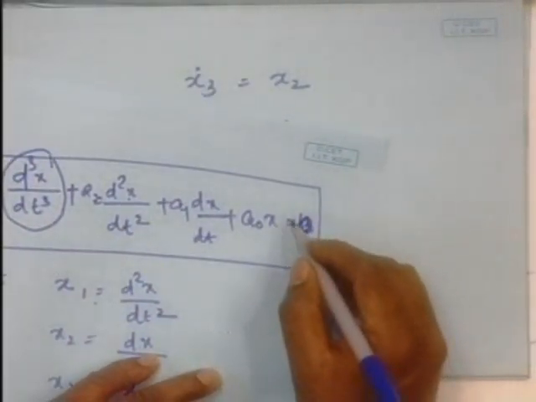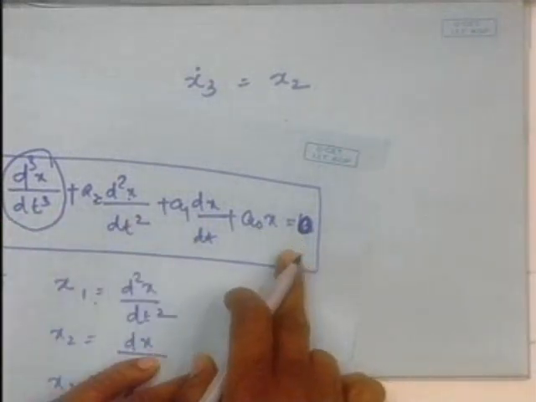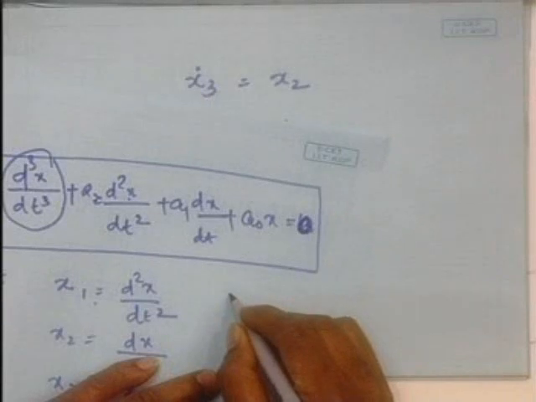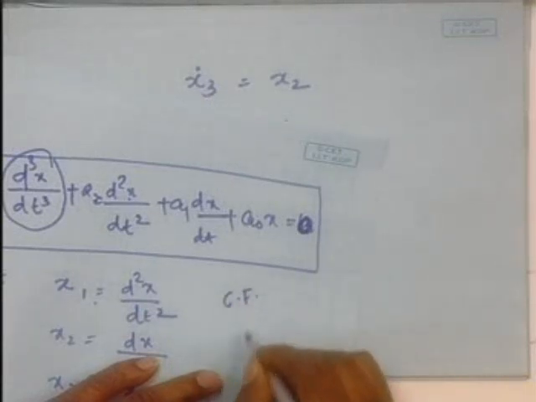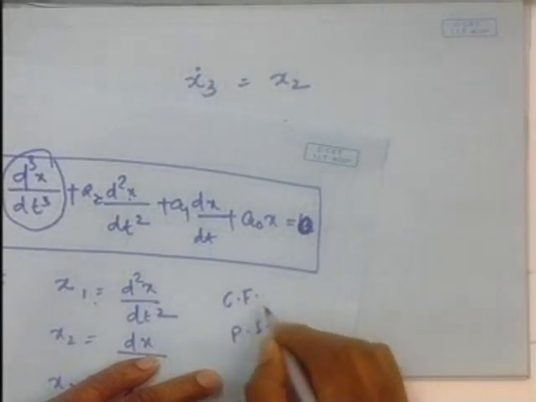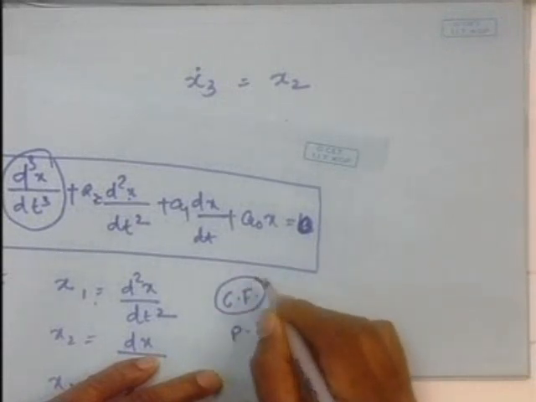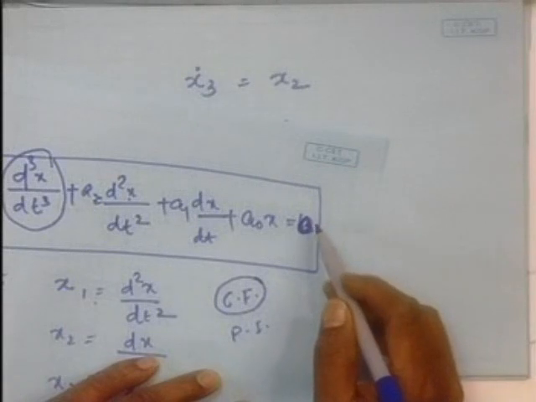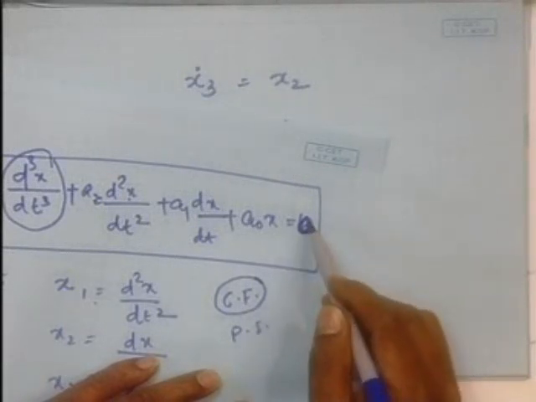When you try to solve the differential equation, you have two functions. One is called the complementary function, another is called the particular integral. And this complementary function is obtained by equating it to 0, is it not? One of the solutions is obtained by equating the whole thing to 0. So assume b to be 0.